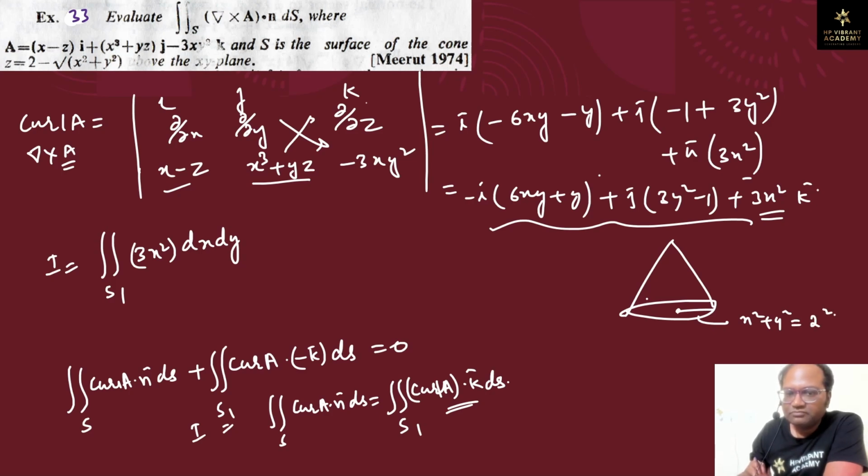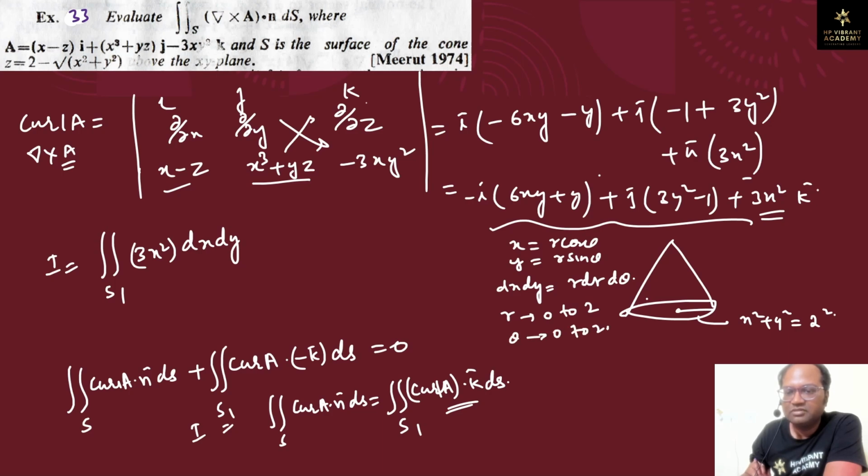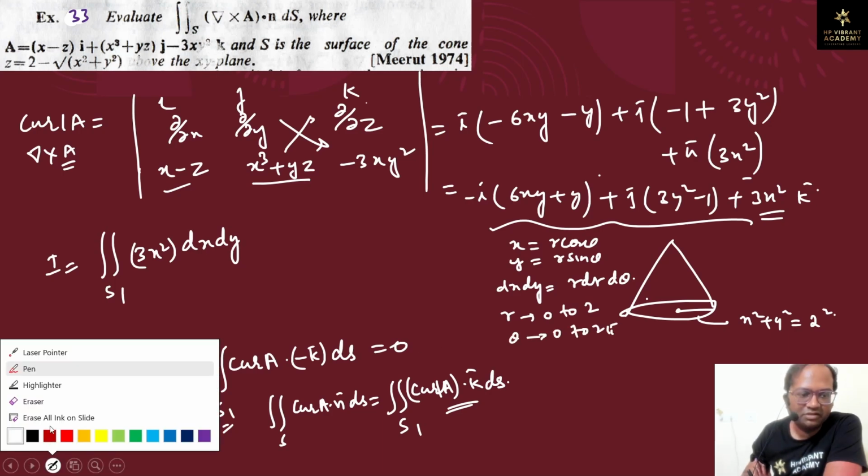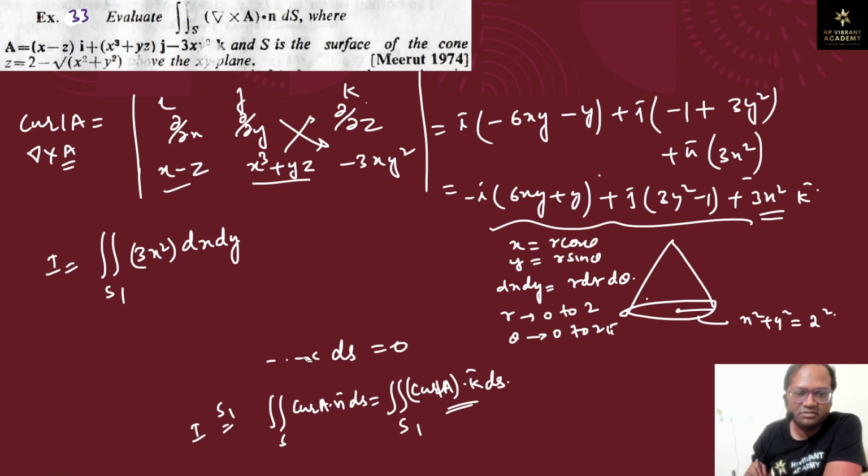So let us take x as r cos theta, y as r sin theta, and dx dy is equal to r dr d theta, where r varies from 0 to 2 and theta varies from 0 to 2 pi. So let us place the limits here for getting the desired result.